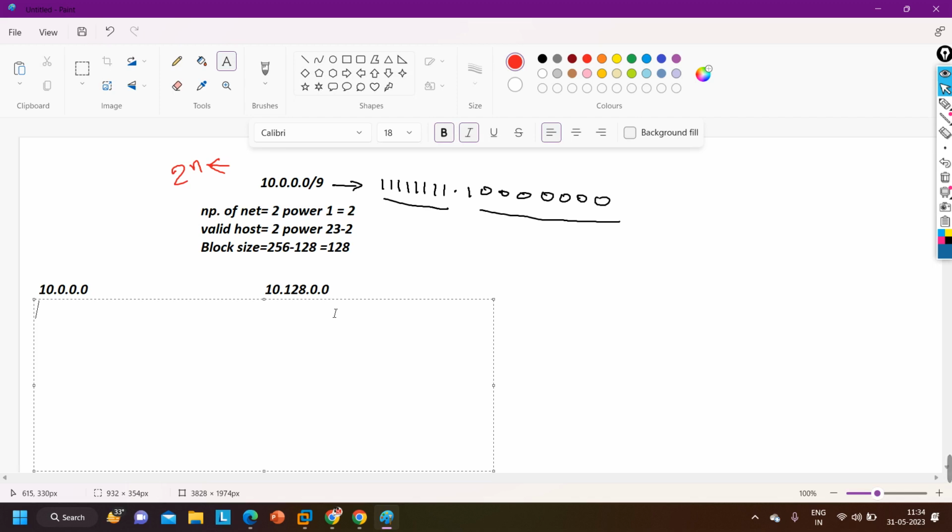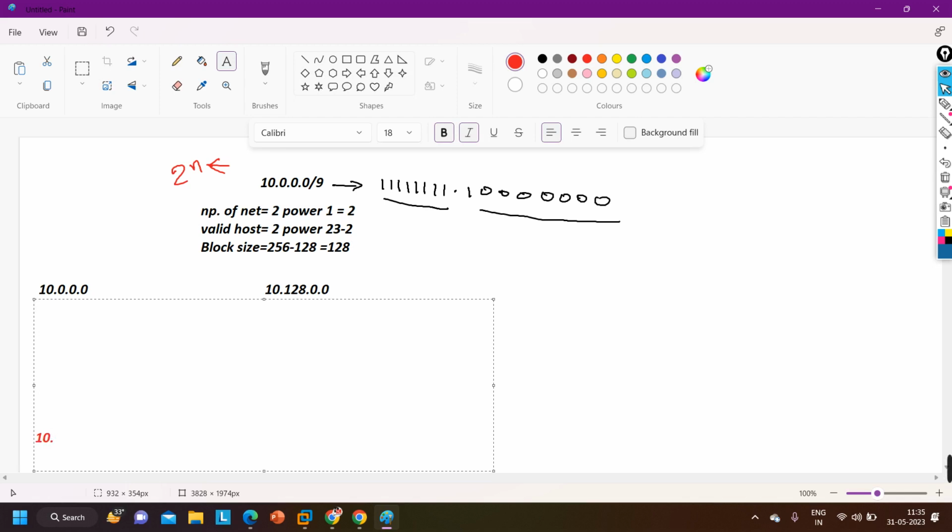After 10.0.0.0 comes 10.128.0.0. The next network would be 10.256.0.0, which is not valid. We have only two networks. What will be the last IP address of the first network?